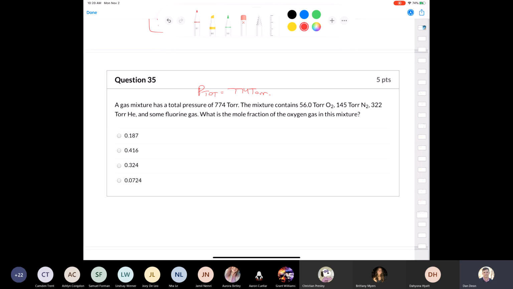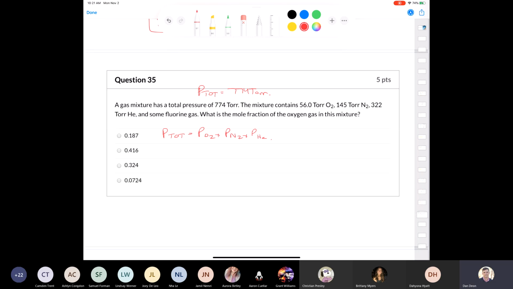Well, one thing that we know from Dalton's law of partial pressures is that we're able to determine the mole fraction of a gas in a mixture because we know that P total, sorry, what was I saying? We have our P total, which is equal to the pressure of our oxygen plus the pressure of our nitrogen plus the pressure of our, what is it, helium, right?